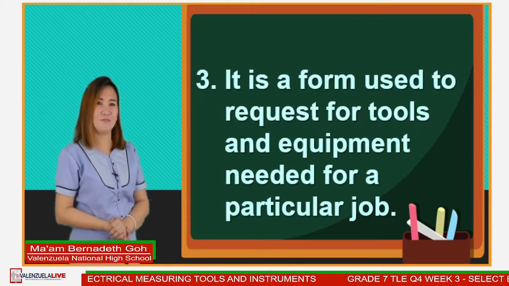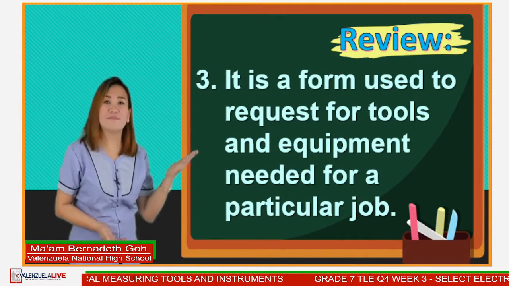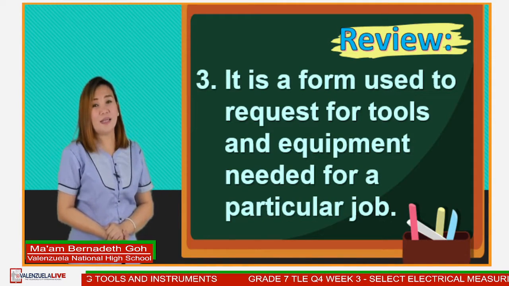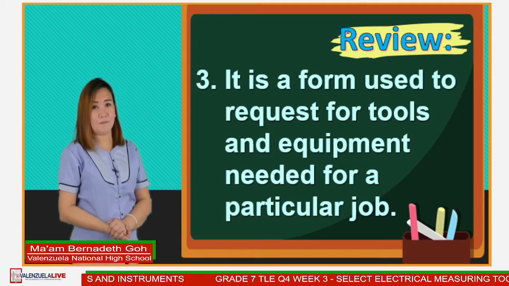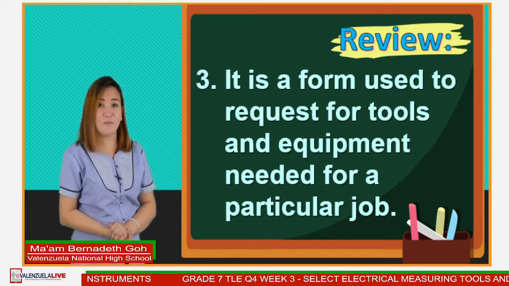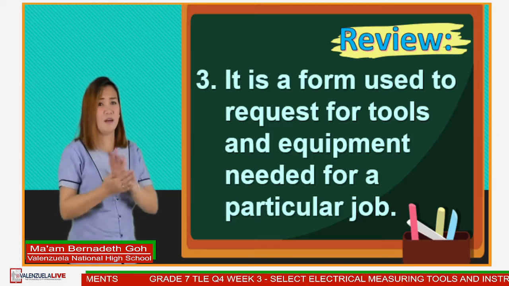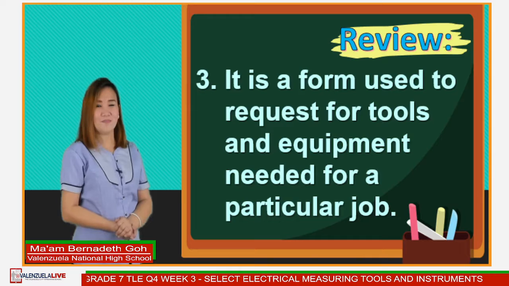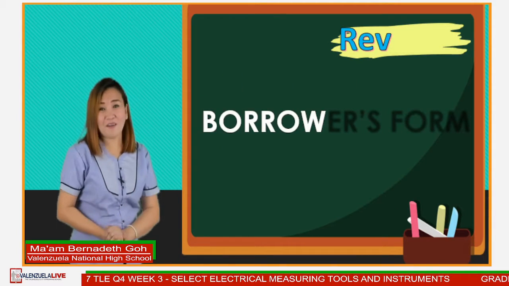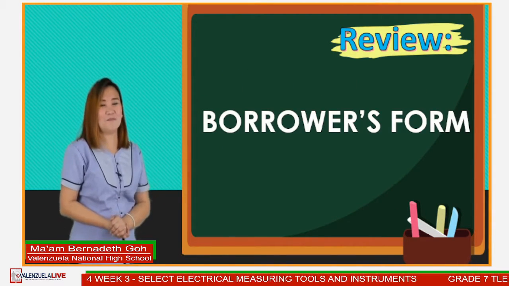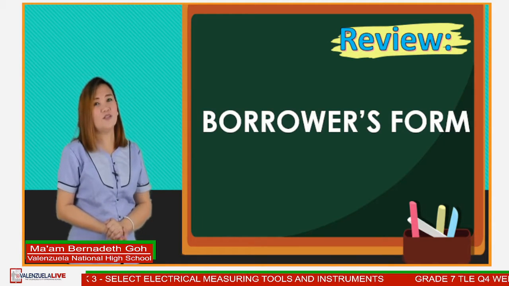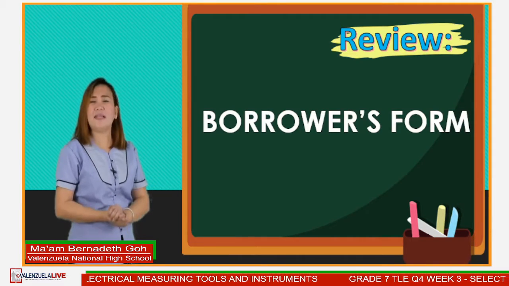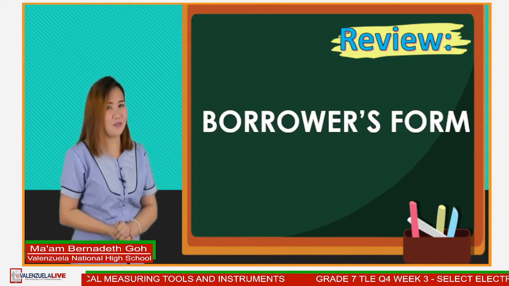Another is a form used to request tools and equipment needed for a particular job. What is that form? That we need to fill up when we request a certain tool. Borrower's form, correct! In school, you need to accomplish first this form before you can borrow any instrument from the laboratories.